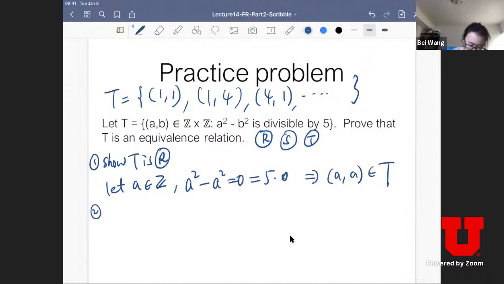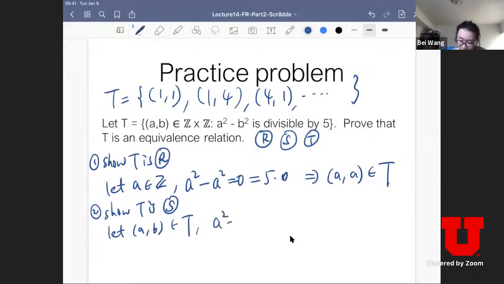Number 2, we want to show this relation is symmetric. So you start with a pair (a, b) that is in the relation, and you want to show (b, a) is also in the relation. Because (a, b) is in the relation, we have a squared minus b squared equal to 5k, by definition.